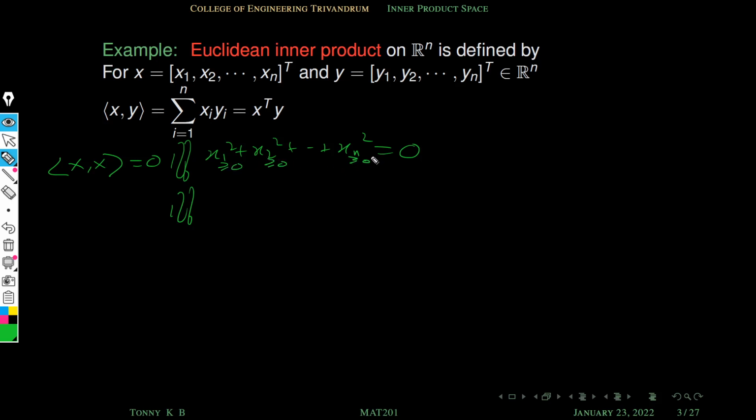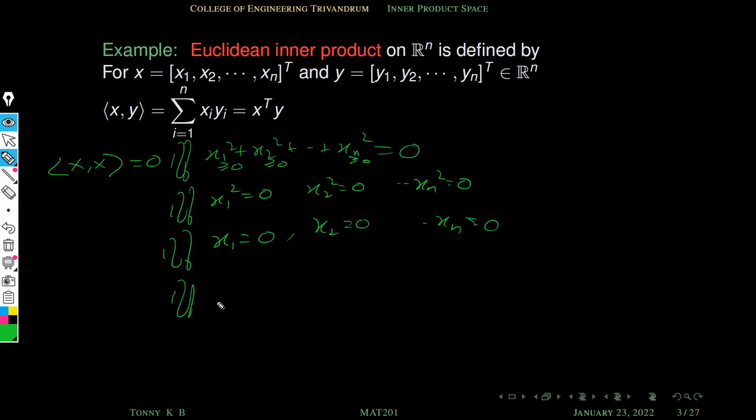So a sum of non-negative terms equal to 0 only when all the individual terms are 0. That means x1 square equal to 0, x2 square equal to 0, etc. xn square equal to 0. And this is if and only if the square of something equal to 0, which is possible only when the term itself is 0. So x1 equal to 0, x2 equal to 0, etc. xn equal to 0.